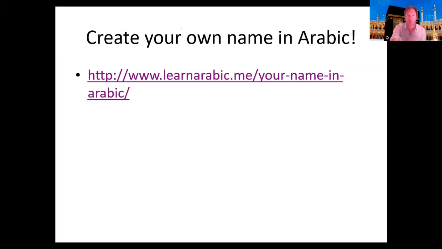So it says your name in Arabic, and this tool will help you know how to write your name in Arabic. All you do is click and enter your name here. I'm going to write Mr. Mayers in there, and then ignore the adverts and just click write my name in Arabic. And then you will see when you scroll down your own name written in Arabic.